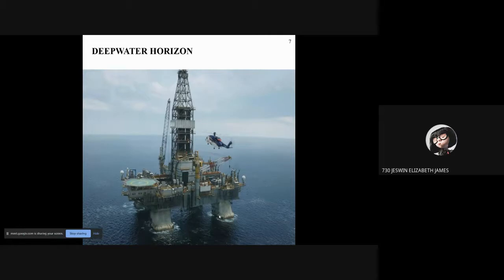Now, the Deepwater Horizon was leased to BP from 2001 to September 2030. And for this, Transocean used to earn $500,000 a day, because we know that the fossil fuel industry is a multi-million-dollar industry. So Transocean used to earn around $500,000 a day.